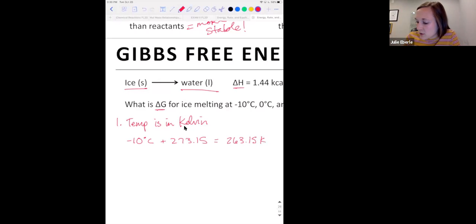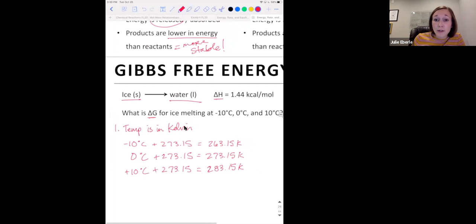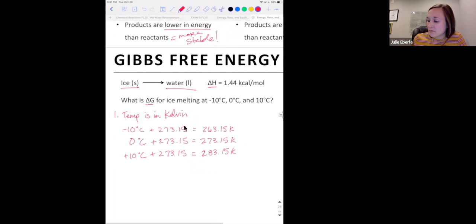Now for 0 degrees Celsius, that one's real easy. And for a positive 10 degrees Celsius, okay, boom. So we've got all our temps in Kelvin now. Don't forget that step. If you forget that step, you will miss a majority of the problem.